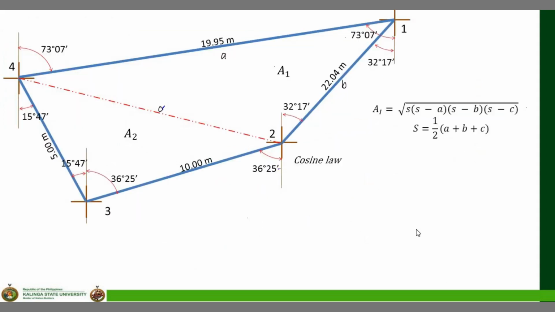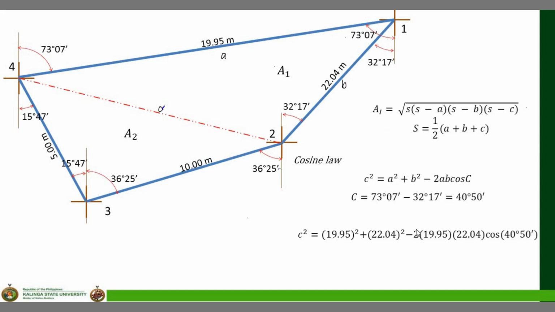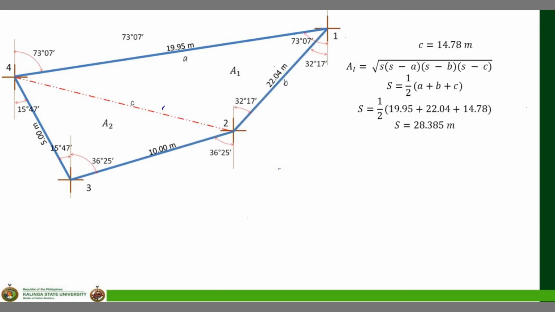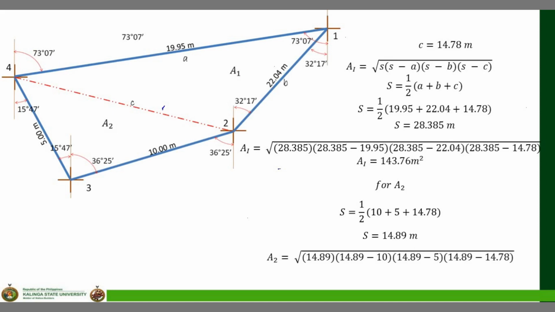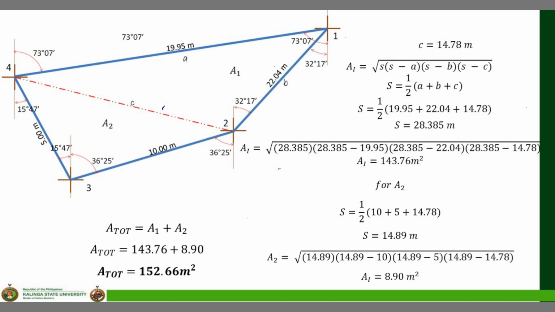Nasa sa inyo na if you're going to use also the other formulas to determine the area of this triangle. There are different formulas used to determine the area. Ulit, ginamit ko lang Heron's formula. But if you want to solve this problem, try to use other formulas.